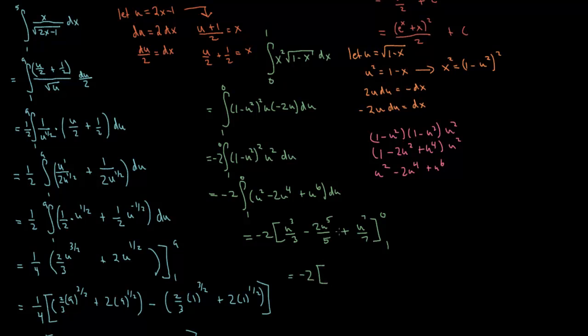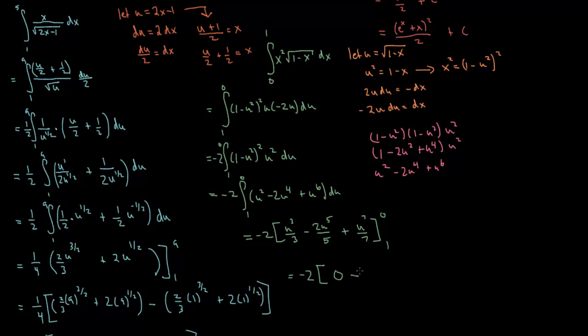So let's see here. Capital F at 0 is what, do you think? Do I even need to write it out? Capital F at 0 is 0 cubed over 3 minus 2 times 0 to the 5th over 5, plus 0 to the 7th over 7. It's all 0. So capital F at 0 is 0.